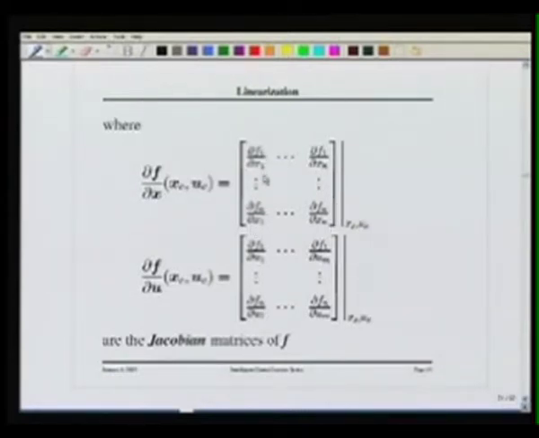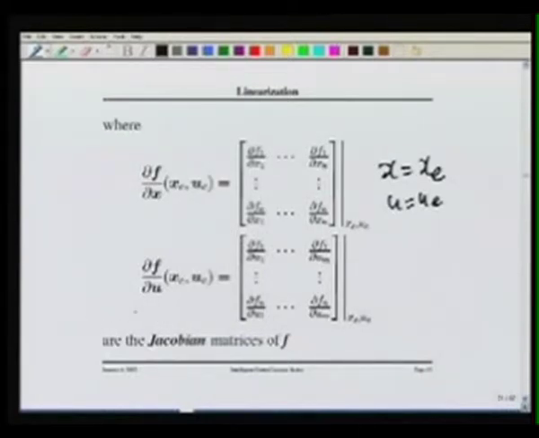So, del f1/del x1 to del f1/del xn. Similarly, del fn/del x1 to del fn/del xn, and these values have to be computed by replacing x with xe and u with ue, and this will actually be a constant matrix. Once you replace xe and ue, this becomes a constant matrix.